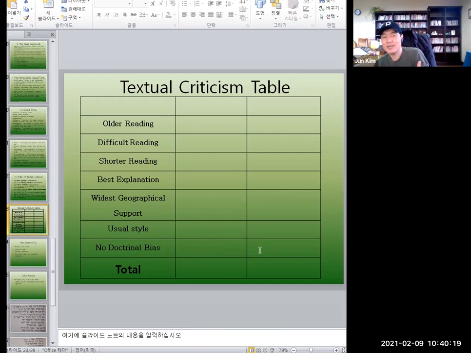So in this case, since the Septuagint may have this doctrinal bias, no doctrinal bias will go to BHS. Are you following me? But if you don't think this one has anything to do with doctrinal bias, then you just ignore this part. Okay, as a conclusion, I do believe BHS is most likely the original text.